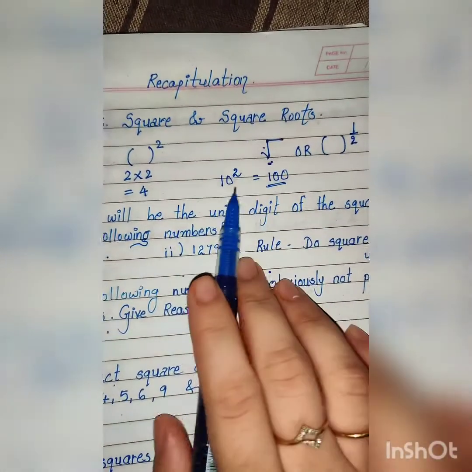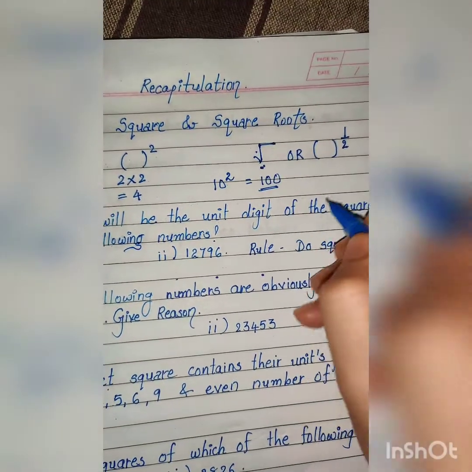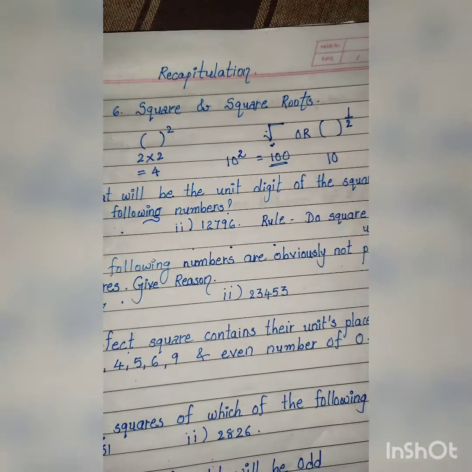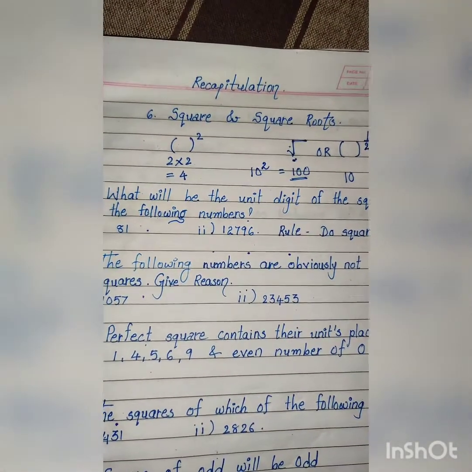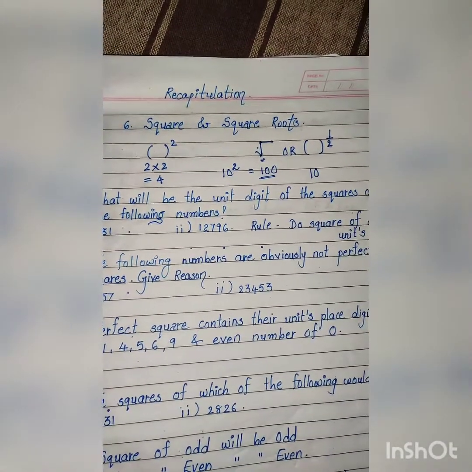You have multiplied which number? 10. So 10 tens are 100. So 10 is the square root of 100. Is that clear? The number that we multiply twice to find the square is known as the square root.